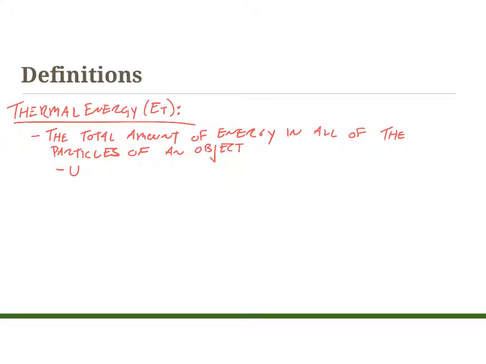The unit for thermal energy is joules. Okay. That's one of the definitions.